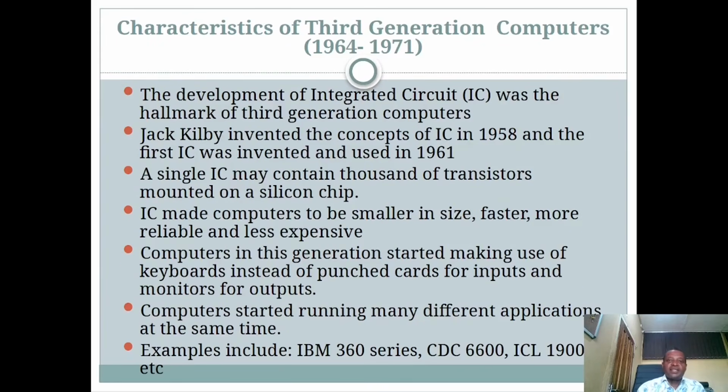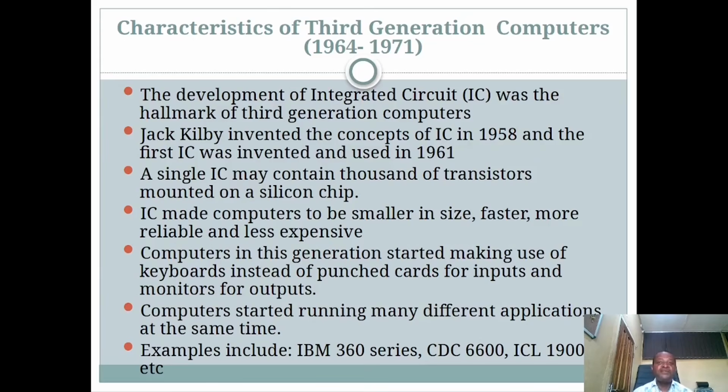Now let us look at third generation computers. These are computers that were seen between 1964 and 1971. What was the major technological component of third generation computers? Now look at this.